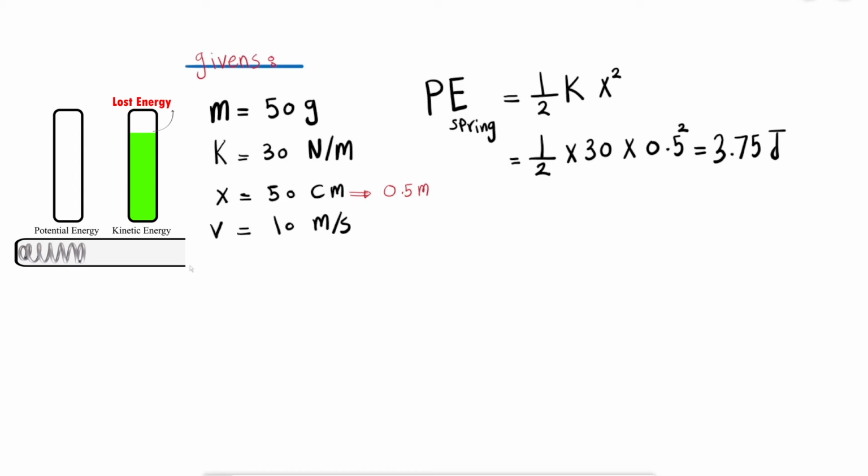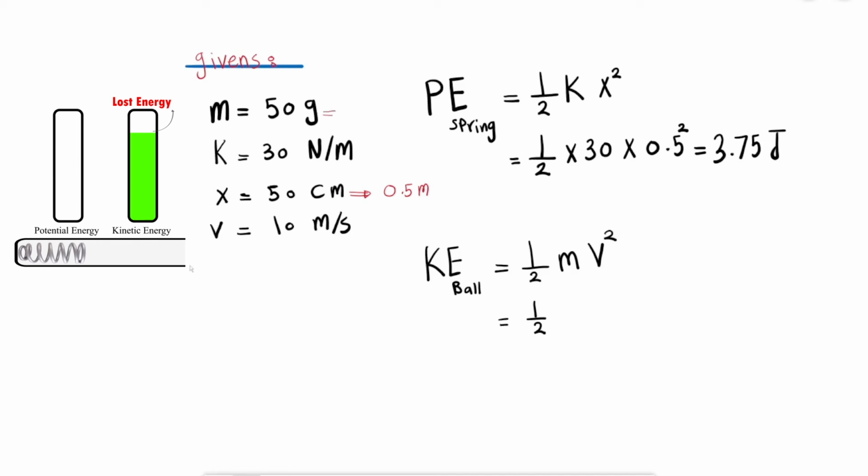The second step right now is to calculate the kinetic energy of the ball after it leaves the launcher. So here, the kinetic energy of the ball is equal to half the mass of the ball multiplied by the velocity squared. So here we have the half as it is, and then the mass. You can see that the mass is given in grams, but again, to be consistent and to have energy in units of joules, we have to convert this mass to kilograms instead.